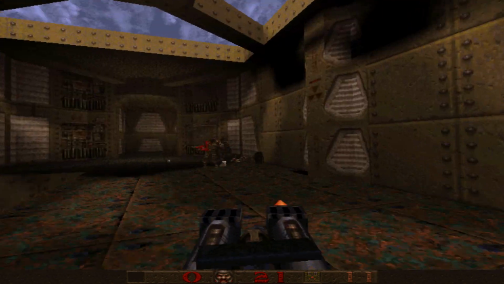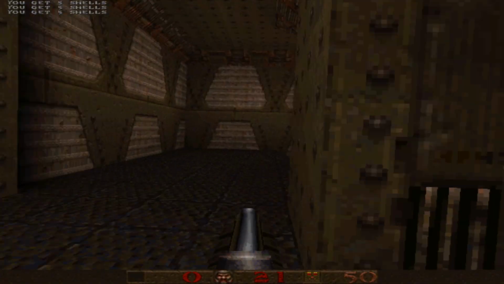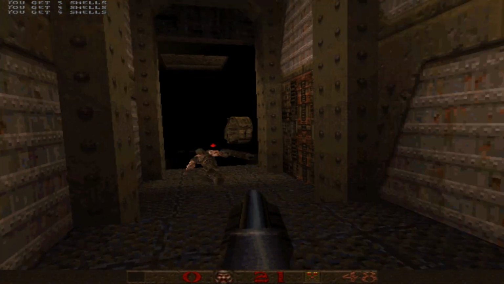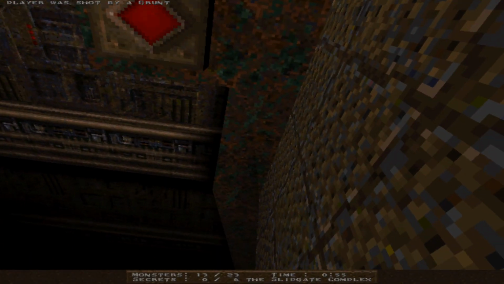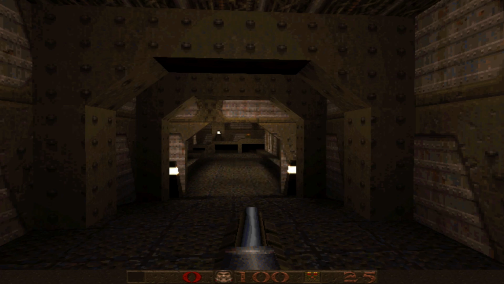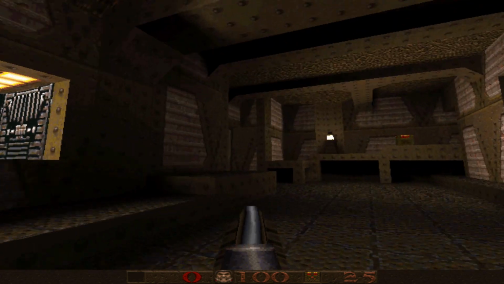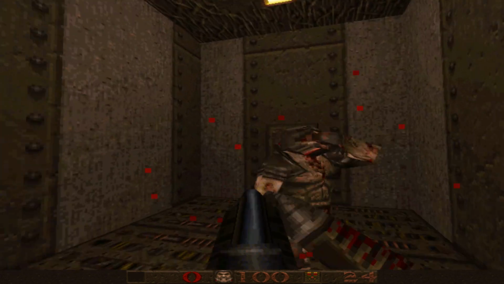Actually, I wasn't really into creating Quake levels myself, but I do remember at the time that I went to college, and I had my own computer, but it wasn't connected to the internet.